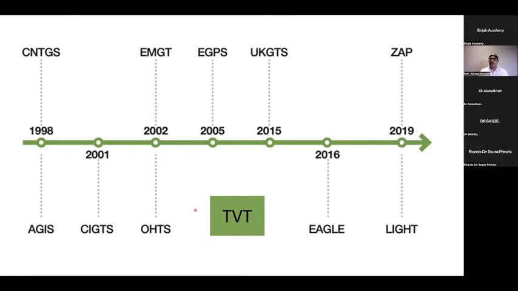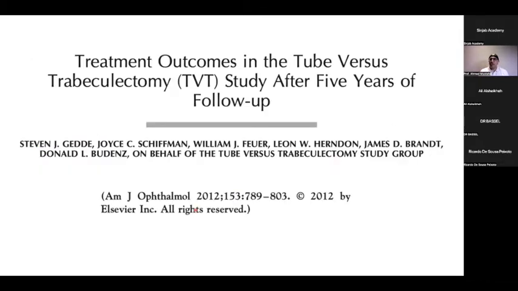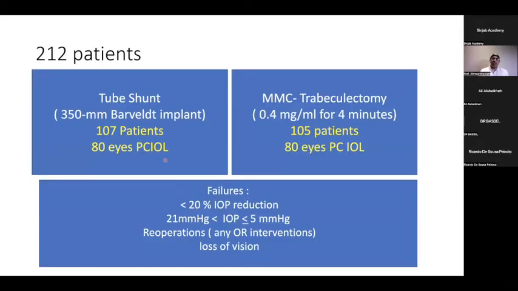The study concluded the 5-year outcome when they compared placing Baerveldt implants. And I'm happy that our friend from the UK will probably be commenting, because he probably has the Baerveldt implant. They compared the tube shunt using a Baerveldt to mitomycin trabeculectomy for patients with recurrent glaucoma, and a large proportion of those patients were pseudophakic.